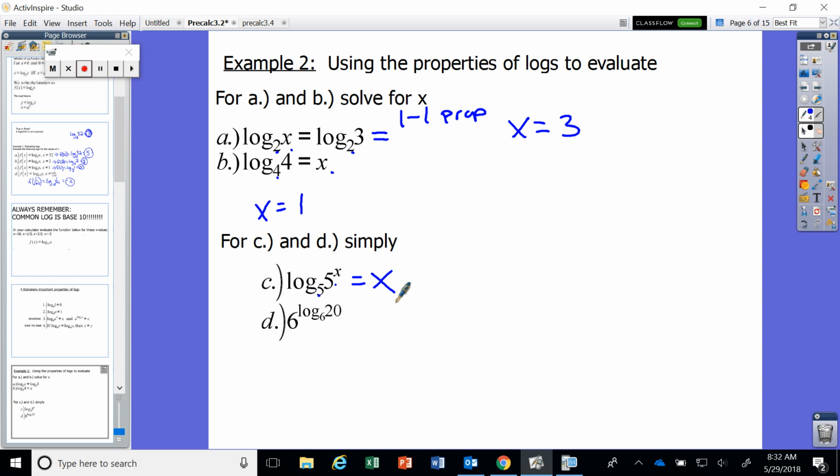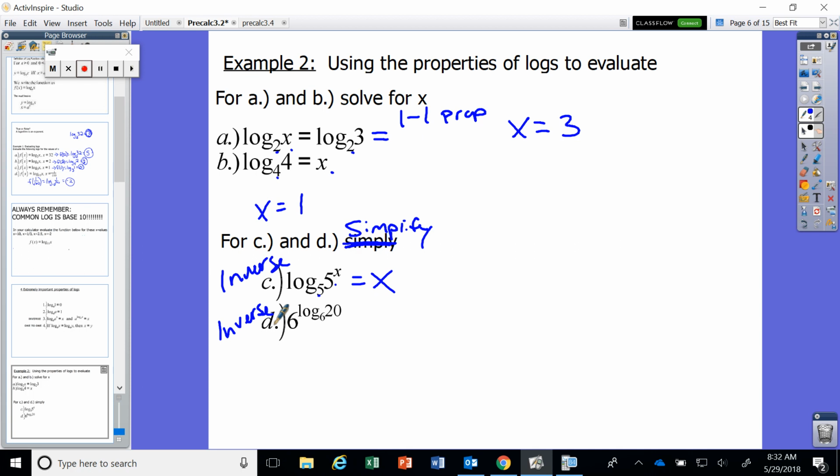And then for part D, it says 6 to the log base 6 of 20, okay? And I'm sorry, this was meant to say simplify in here. Little typo. Simplify, okay? So what do you guys think? Well, this is again using our inverse property, but we're using the inverse property in a different manner this time.